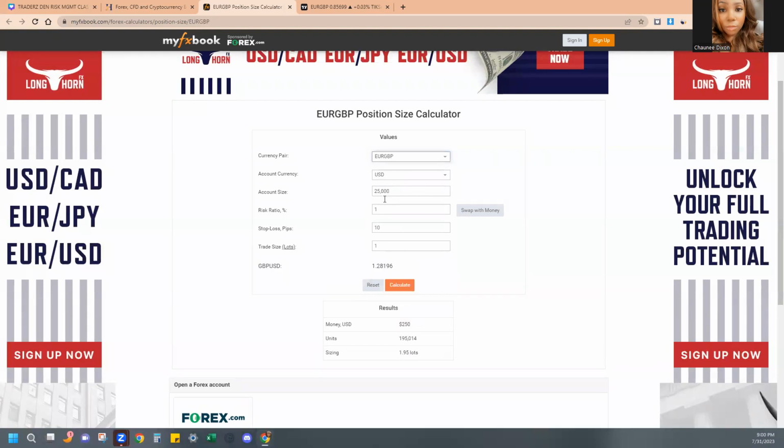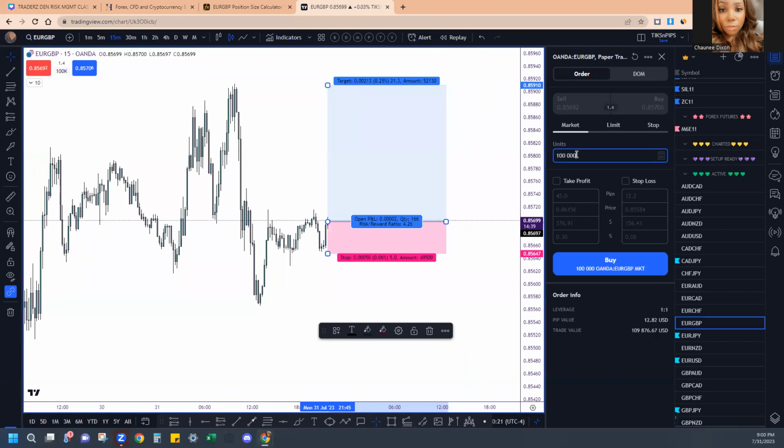Let's say we're doing a 25K account risking 1%, and our stop loss is 5 pips. We calculate and know we need a 3.9 lot. So we multiply our lot by 100K, and that gives us our units. That is 390K. If you plug that in here, that's going to be your lot size in units.